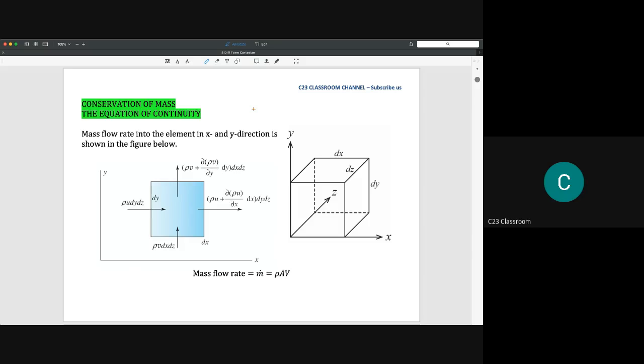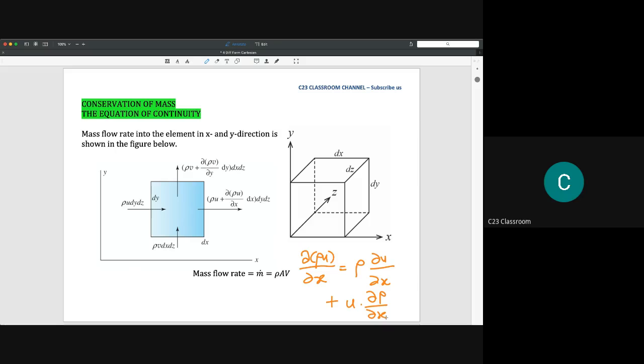For the partial differential, I hope you remember that del rho u over del x can be written as: we have a constant density and then del u over del x, plus we have a constant velocity and del rho over del x.